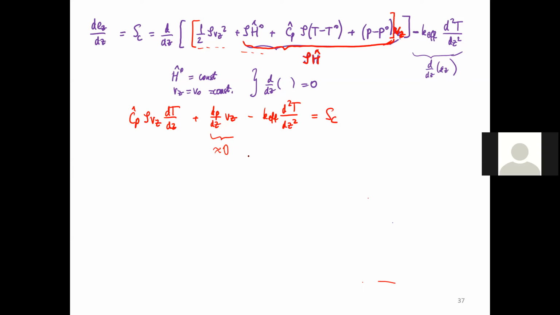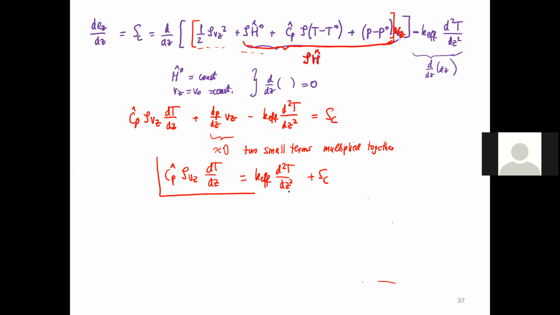Basically, I'm assuming two small terms multiplied together. That makes it practical for me to actually solve this. So then what remains here is Cp rho Vz dT/dz equal to K effective d squared T/dz squared plus Sc.